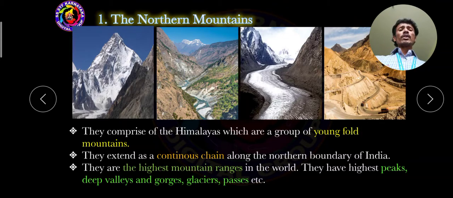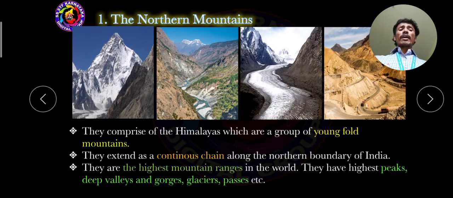So dear students, the northern mountains are a group of young fold mountains. It means they are all bent, not available in an equal way. They extend as a continuous chain. Between the mountains there is a link. We can see that along the northern boundary of our Indian country. And the northern mountains are the highest mountain ranges in the world.